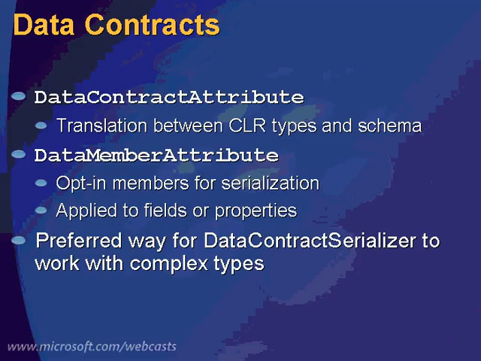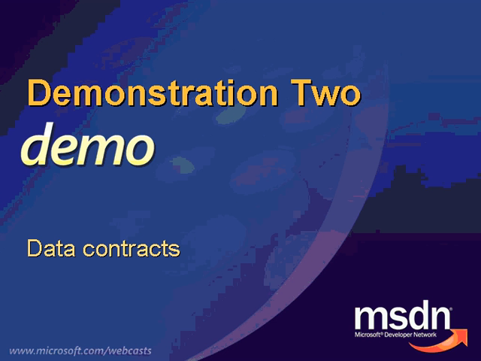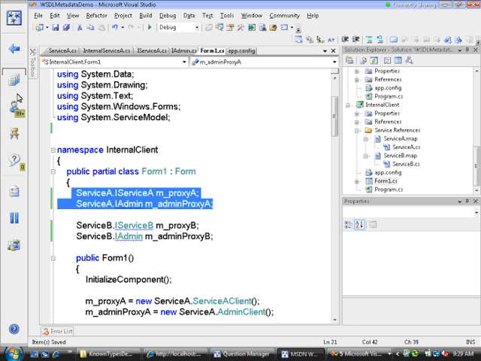You should pick one or the other, either apply it always to fields or always to properties, and we'll talk about that in a moment. So this is the preferred way to build serializable types into your service contracts, is to use the data contract. So let me just show you an example of that, and then we'll talk about some details that are applicable.